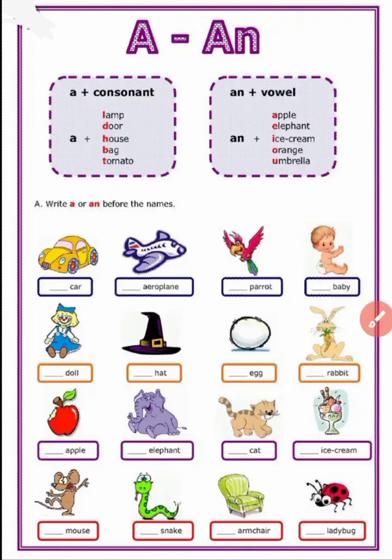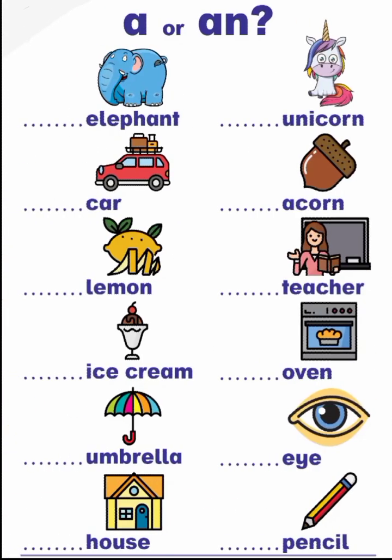Let's go to the next one. Here we have an elephant. Vowel sound, so we use an. A car. That is a consonant. A lemon is a consonant.